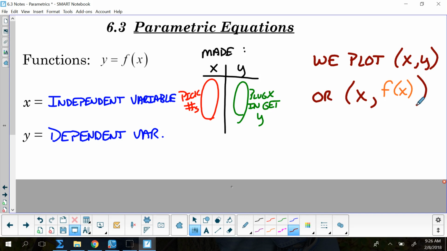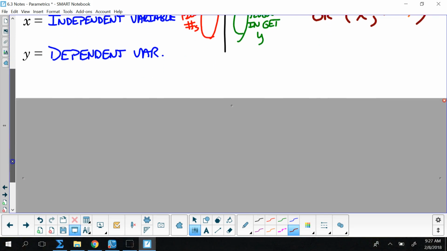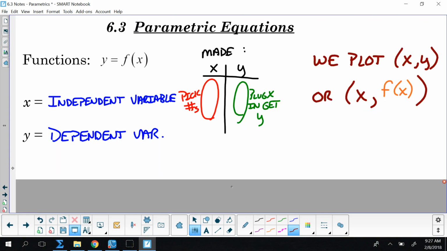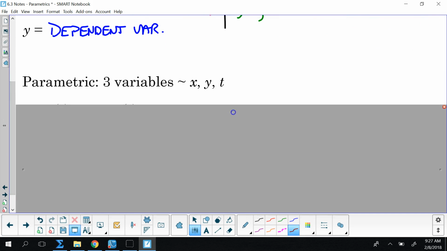With parametrics, we introduce into that scenario a third variable t.